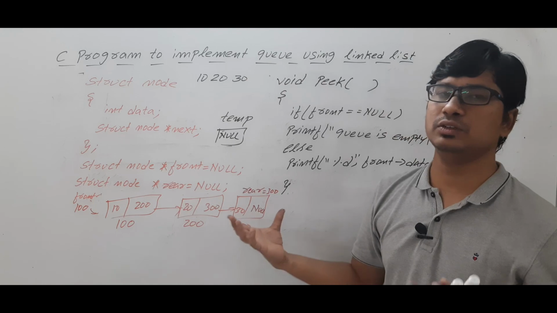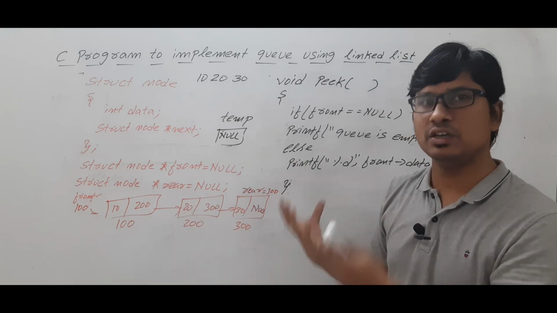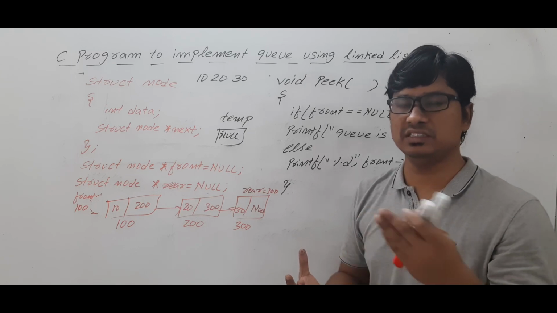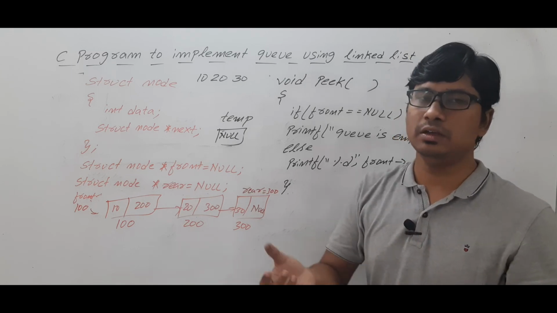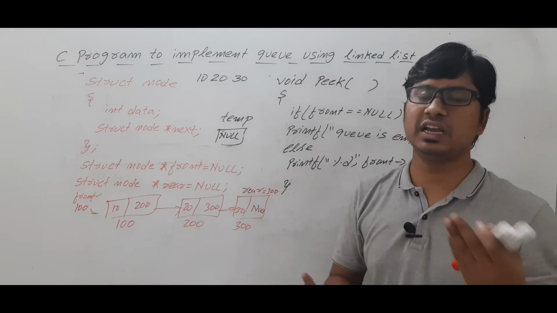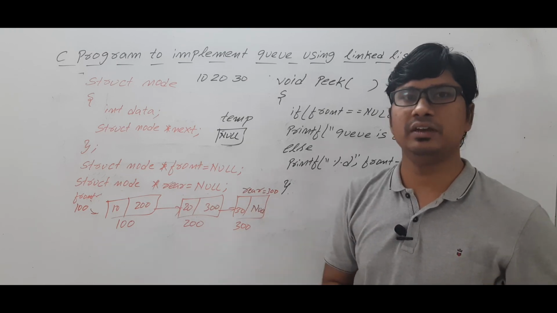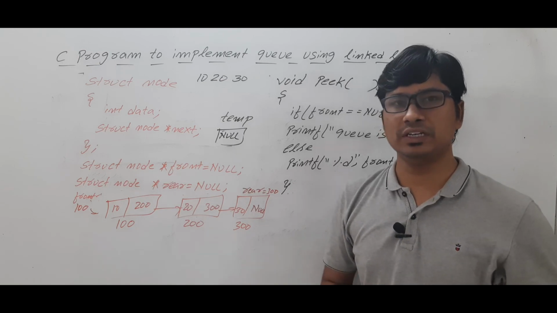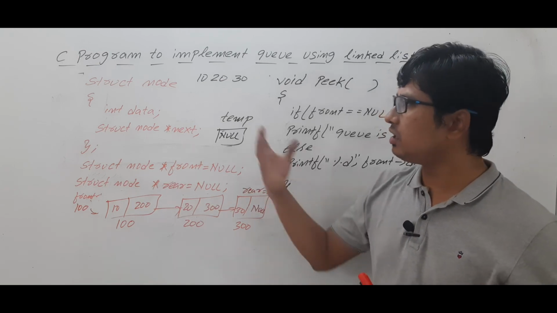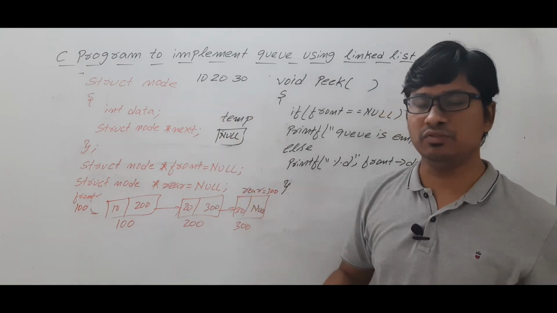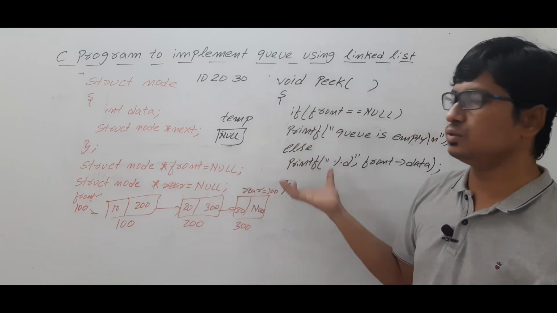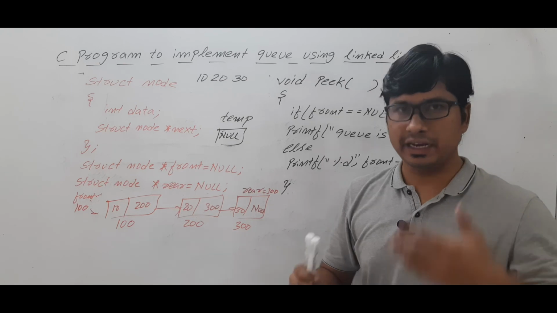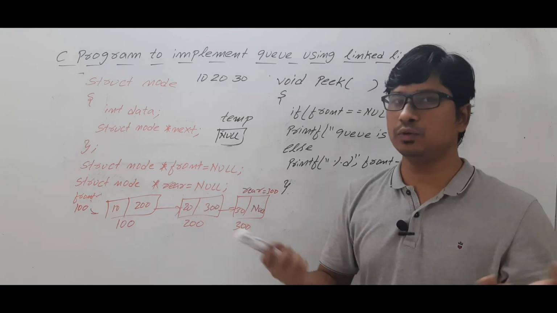In the main function, using the while loop and using the switch case, you ask the user what he has to do, whether he wants to perform the insertion, deletion or display. Based on that one, you write. If he is writing an invalid choice, then you print the invalid choice. If he wants to exit, give one choice for him. So already in the last video I have discussed the main function. You use that main function and use these functions. Once you combine all these things, you can write one program and compile it. You will get the output.